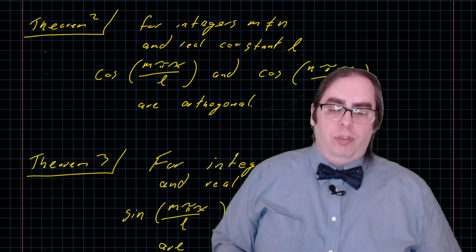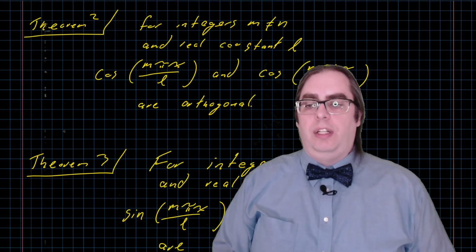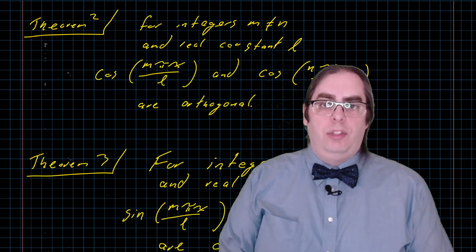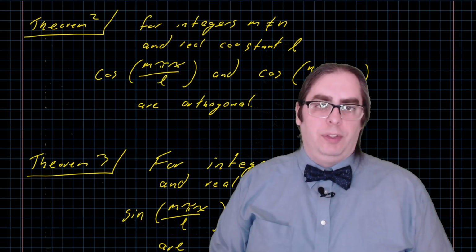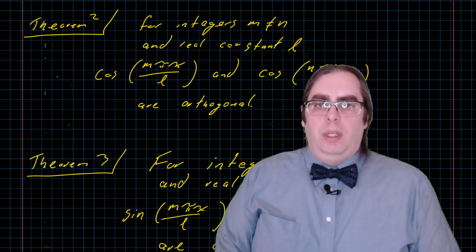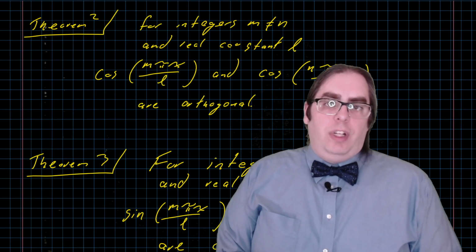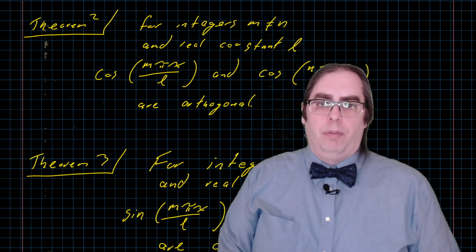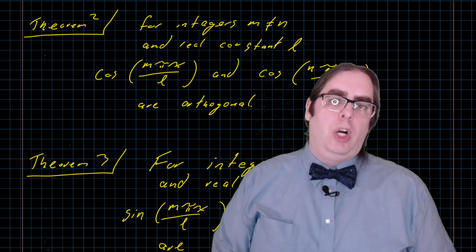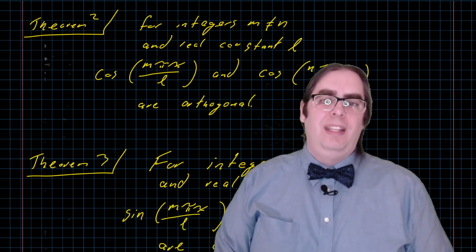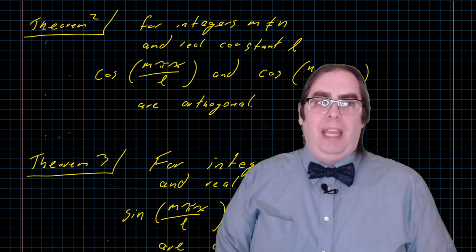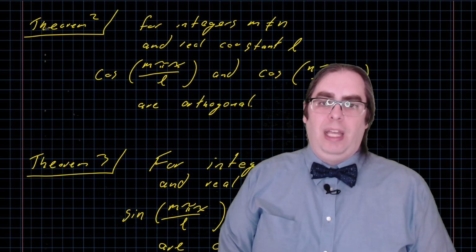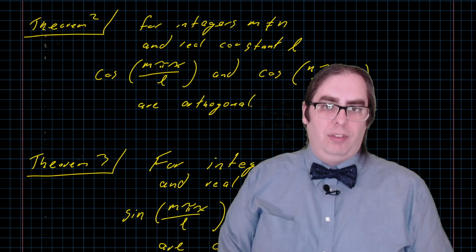We know that these kinds of functions, cosines and sines of some integer times pi times x divided by some constant, show up when we're solving boundary value problems. But the fact that these functions are orthogonal to each other gives us a very powerful tool. In linear algebra, we call this a basis set, and we can describe any function in the span of the basis as a sum of the basis functions.